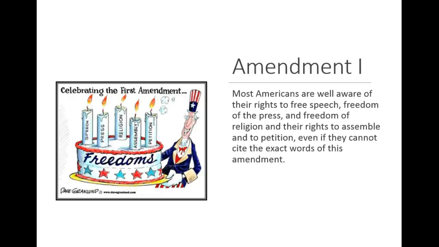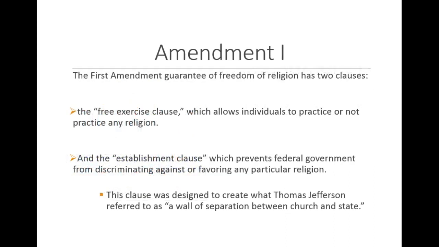Most Americans are aware of the rights to free speech, freedom of the press, and freedom of religion, and the right to assemble and to petition, even if they cannot cite the exact words of this amendment. The First Amendment guarantee of freedom of religion has two clauses.